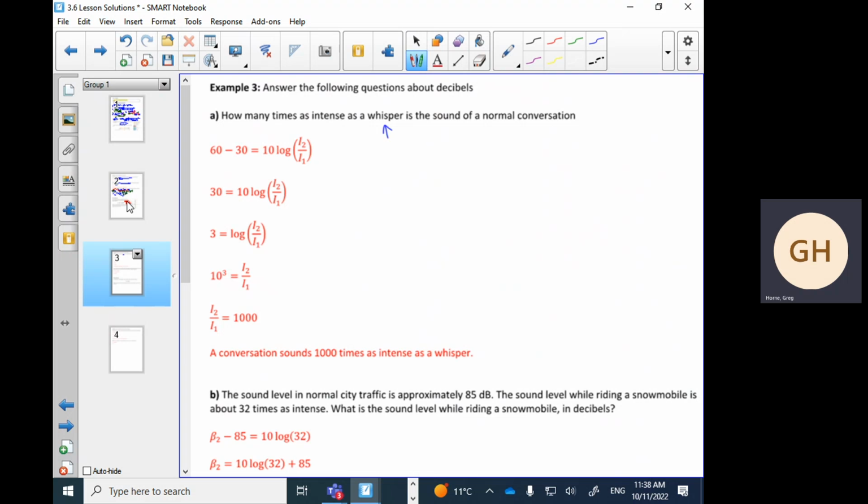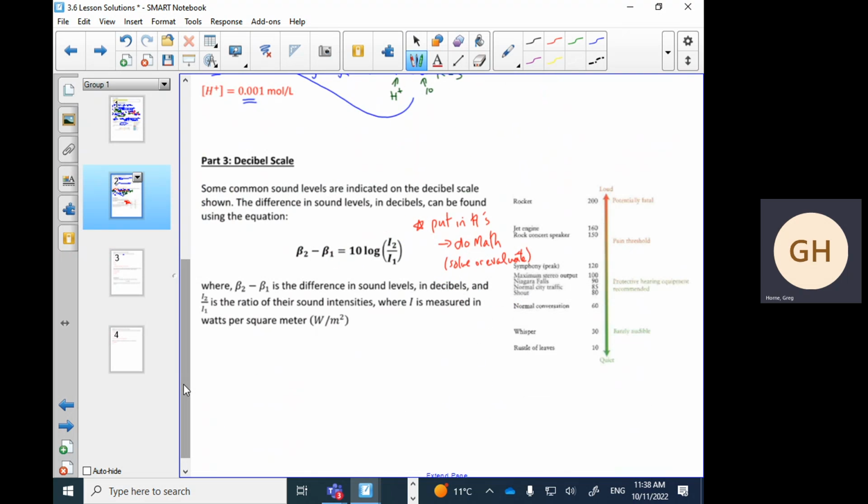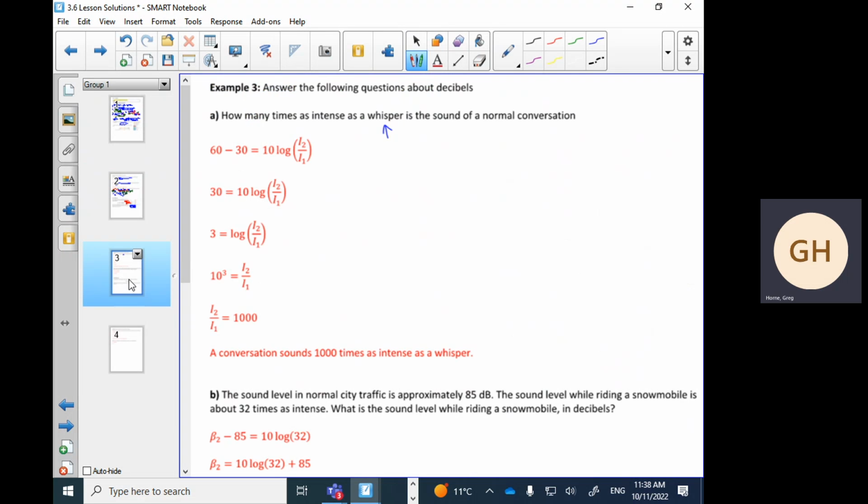First of all, on the table, a whisper was 30 and a normal conversation level was 60. So the information you were given is 30 decibels and 60 decibels. That's good to recognize.